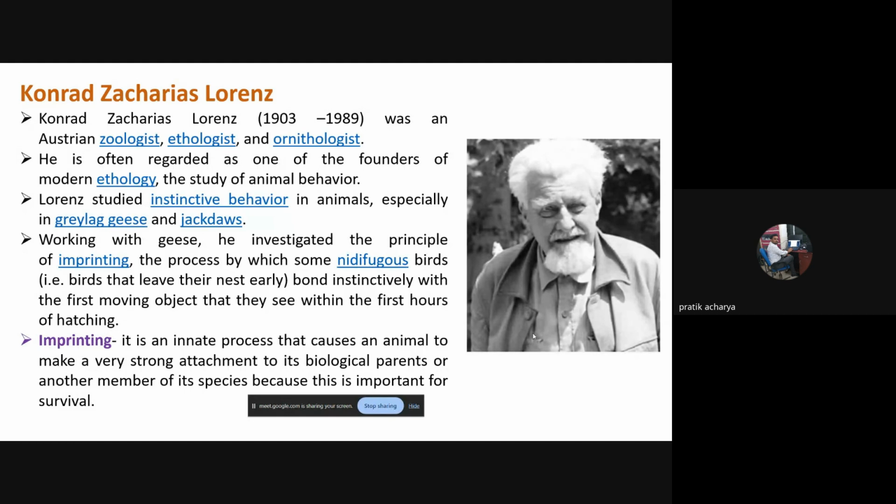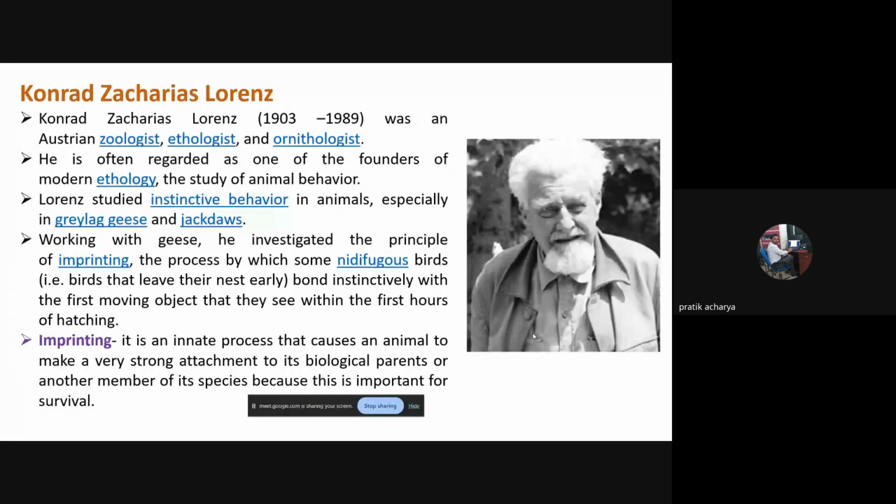Imprinting is an innate process that causes an animal to make a very strong attachment to its biological parent or another member of its species. That means the organism is learning from the ancestor or from the parent. That is the imprinting pattern of behavior which was described by Lorenz.